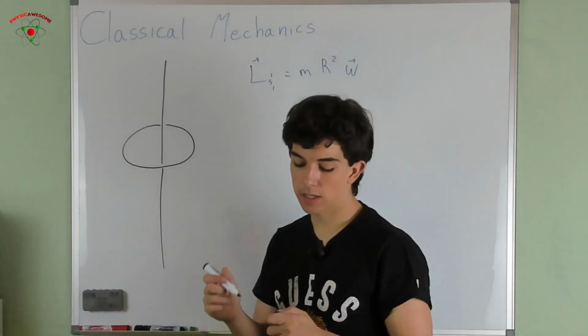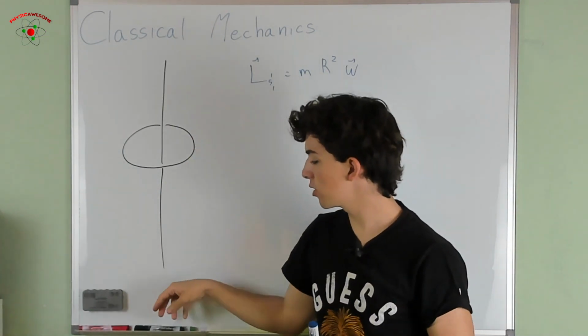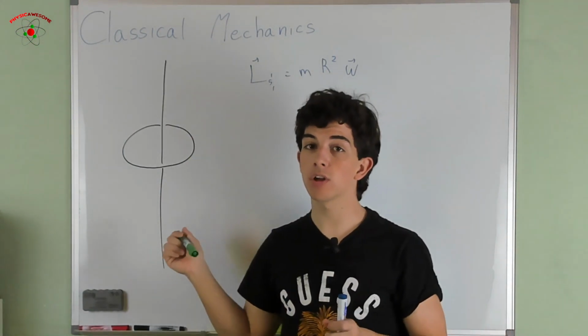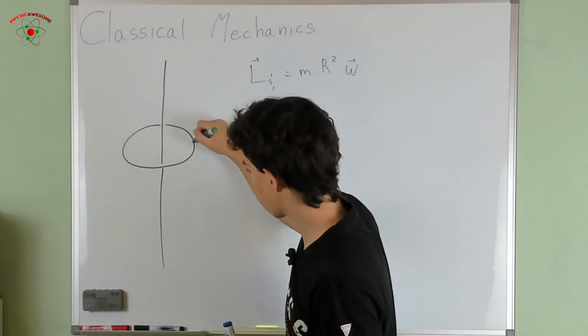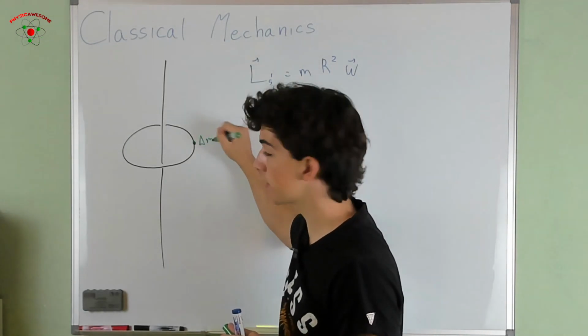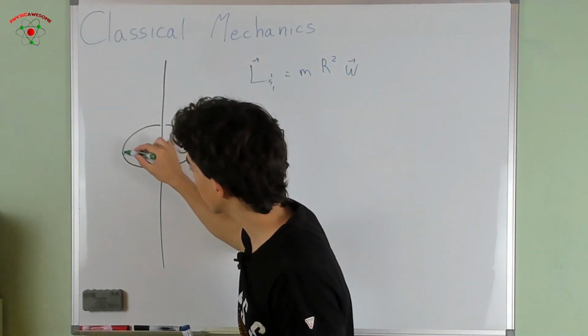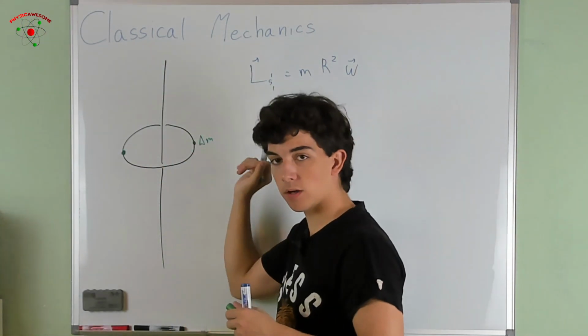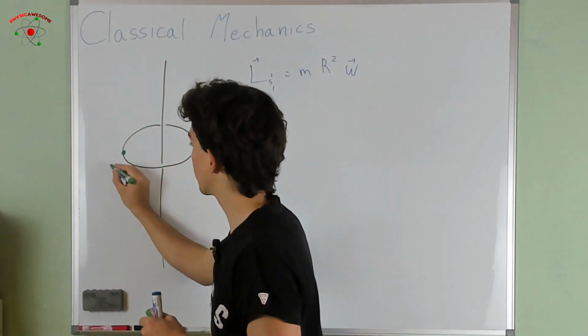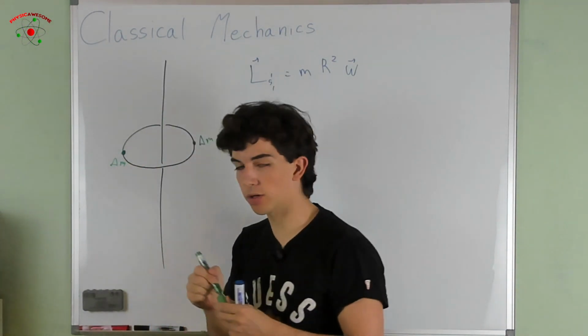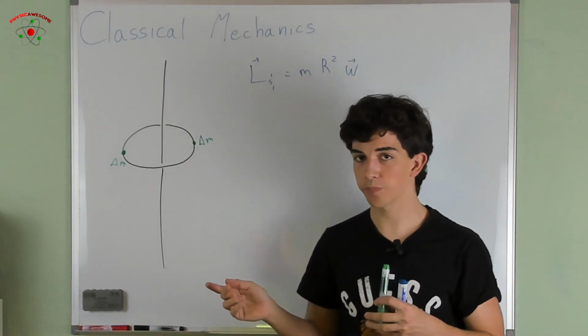In this case, for this symmetric object, we're going to take two masses that are going to be at opposite sides of the axis. So we'll take, here's more delta m, and over here at the diametrically opposite point, another delta m, which are going to be of the same size.